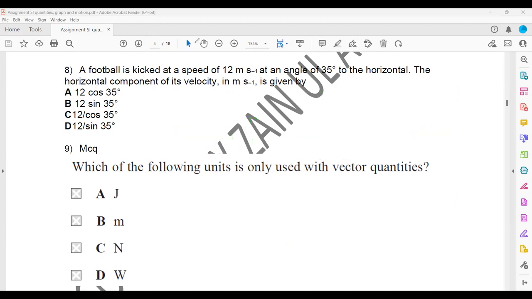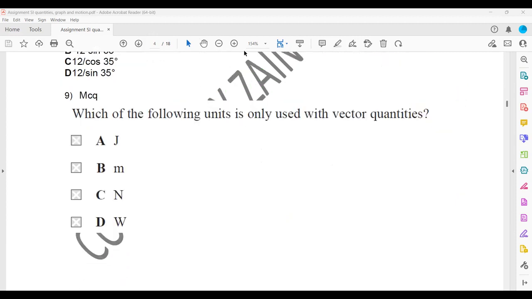Then which of the following units is only used for vector quantities? Joule is a unit of energy and energy is scalar. Meter can be distance and displacement, so it can be used for scalar, it can be vector. Newton is the unit of force and any kind of force is a vector. So C is the right answer.